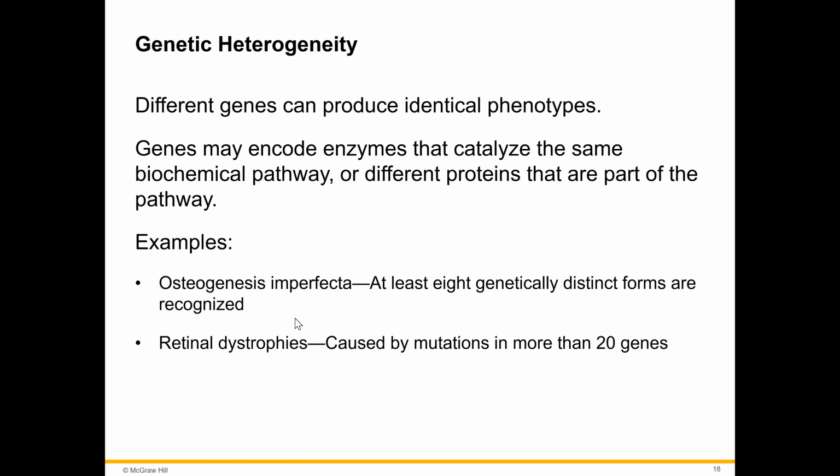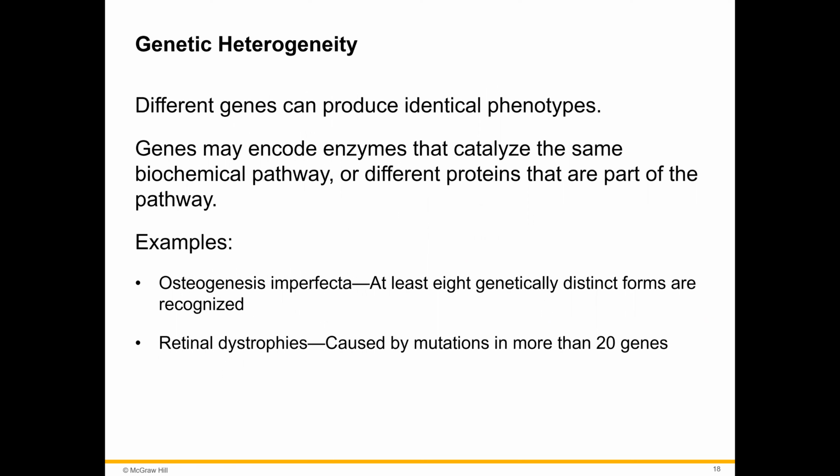An example would be osteogenesis imperfecta. That's a disease where a person doesn't produce normal collagen protein. Collagen is a very important protein in many organs.